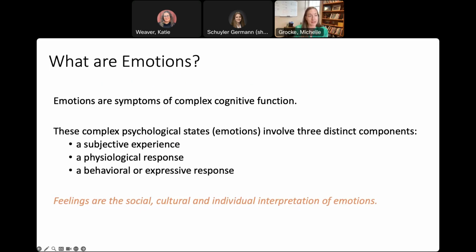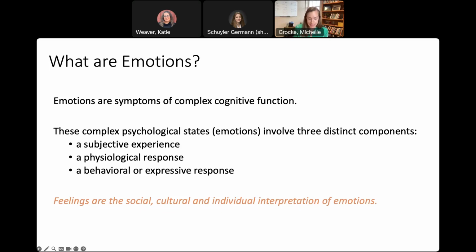As you'll see here on the slide, every emotion has a subjective experience, and we'll go into all these in a bit more detail. It has a physiological response, and then that third part is a behavioral or expressive response. And that's the part we can really work with when we're talking about conflict management. So we'll get to that last bit.